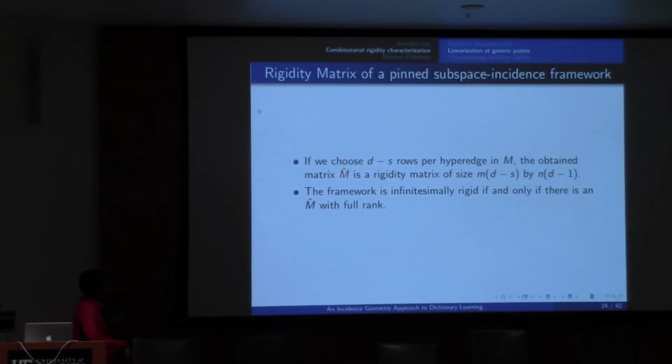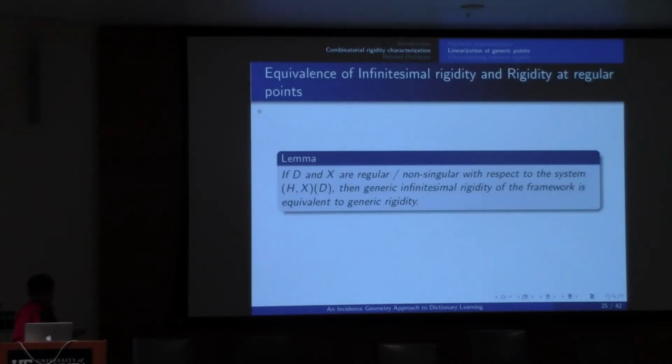And so if we choose d minus s rows of this for every hyperedge in the original hypergraph, then the obtained matrix is a rigidity matrix of this size, and the framework is infinitesimally rigid, or in other words, has a locally unique solution, if and only if there is a submatrix of full rank. And that's the first lemma, right?